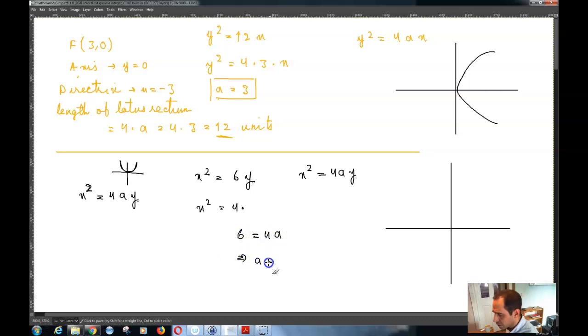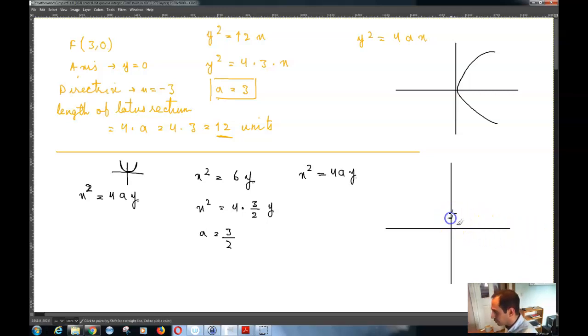That means that a is equal to 6 fourths, which is equal to 3 halves. So you have to write 3 halves times y. Now 4 times 3 halves is equal to 6, right? So that means that your a over here is equal to 3 halves. 3 halves is 1.5, and so 1.5 would be some point over here.